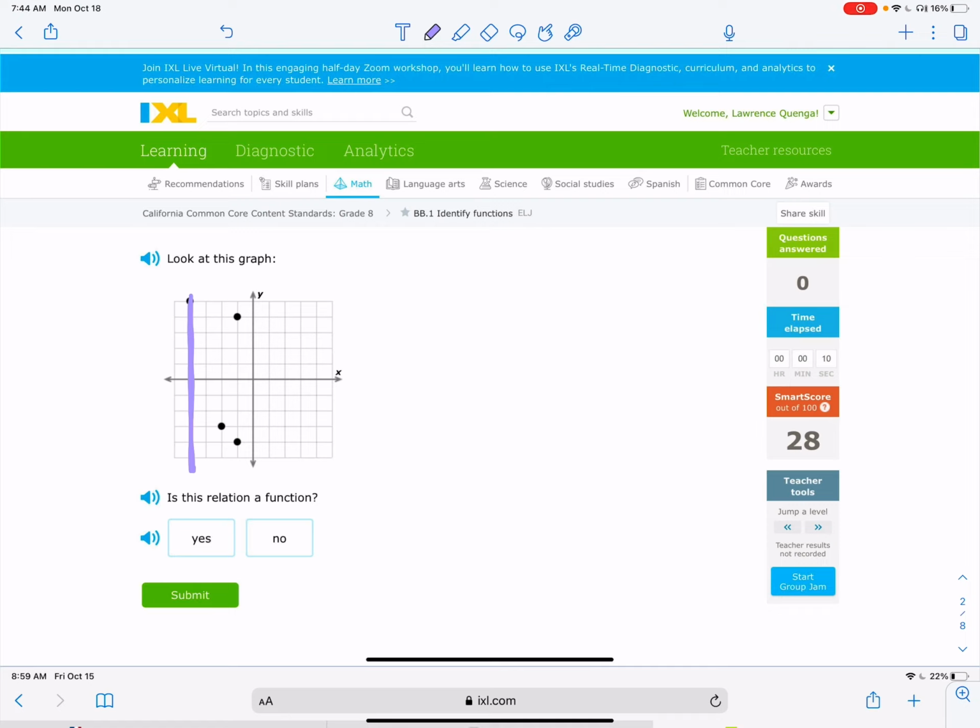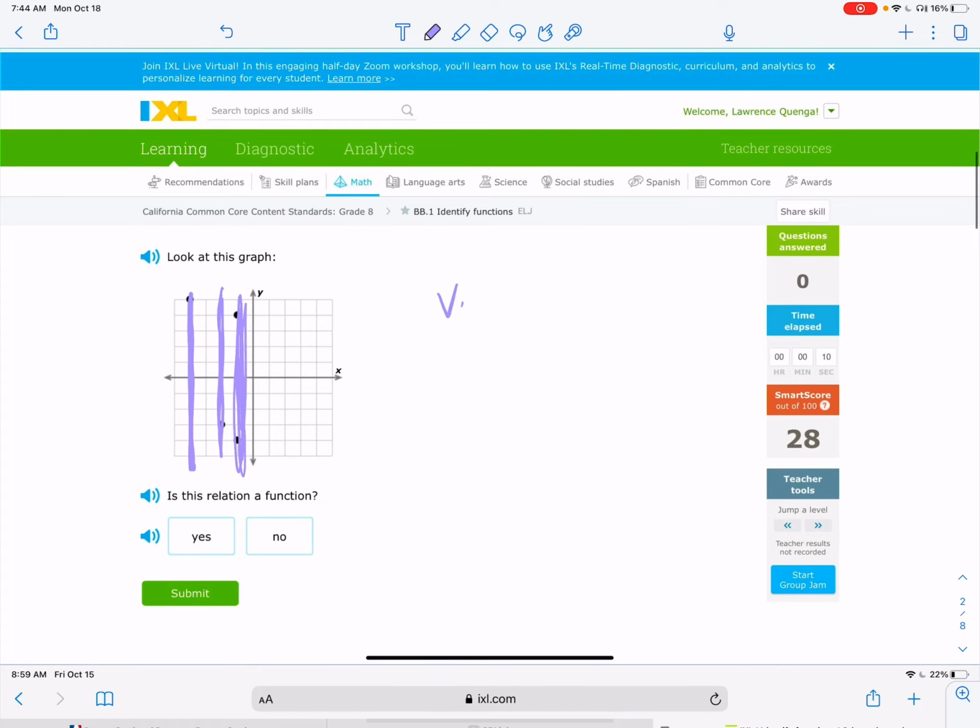I'll do the same thing here where x is -2. I'm still all right. But as soon as I get to here, if I make a vertical line, this is called the vertical line test. If there is anywhere I can make a vertical line and it passes through more than one point, it is not a function. So this relation would not be a function.